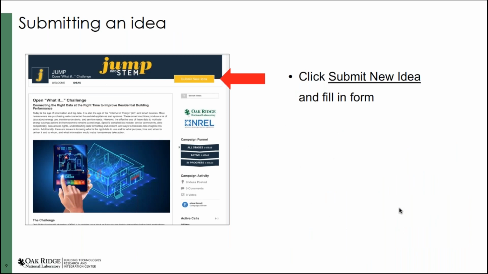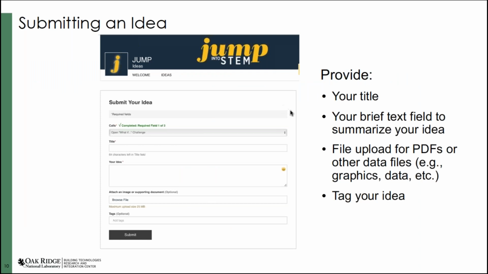Once you've formed your team and thought about your idea and you want to submit it, you can go ahead and click this button that's up in the upper right corner, submit a new idea, and it will take you to a form that looks like this, where you can submit your idea. Essentially, you'll select which challenge you're working on, put in a title, tell us a little bit about what your idea is, maybe a little bit about your team.